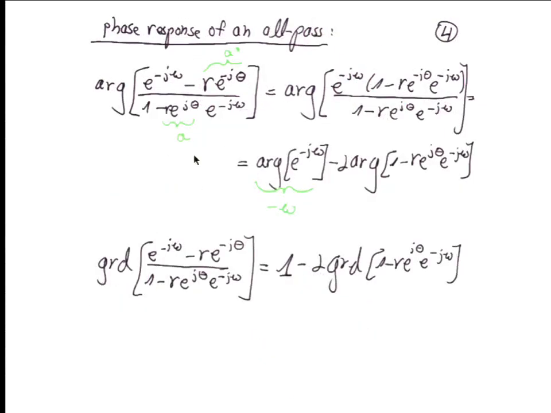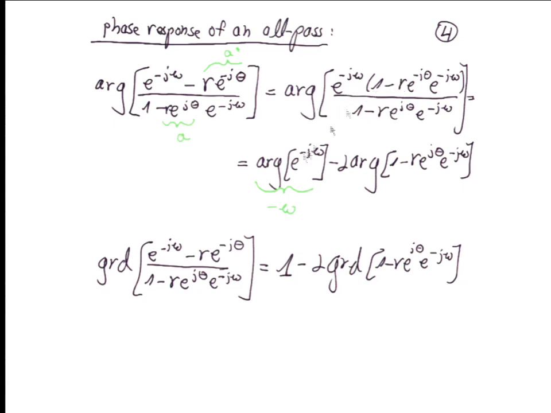So if you look now at the phase response of this pair of zero and pole, you're going to have effectively e^{-jω} minus re^{-jθ}, which is really a conjugate. And here you're going to get a. What I'm going to do now is take e^{-jω} outside of this, and do the same trick that I've done before, where I separate.